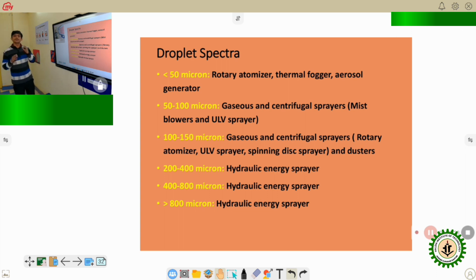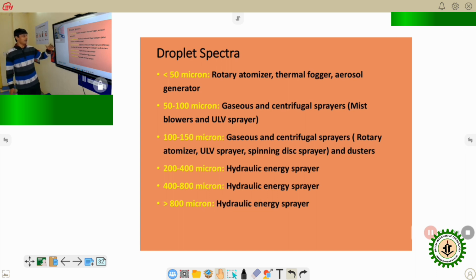Whenever it is around 50 to 100 microns, gaseous centrifugal sprayers, that is leaf blower type sprayers, we can effectively use. For 100 to 150 microns, gaseous centrifugal sprayers, rotary atomizers, and ULV, that is ultra low volume sprayers, spinning type sprayers and dusters are generally used.